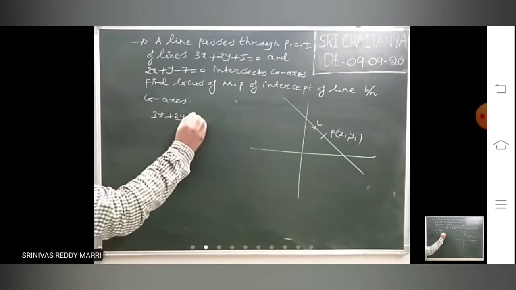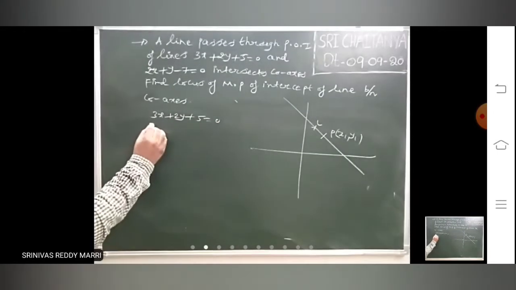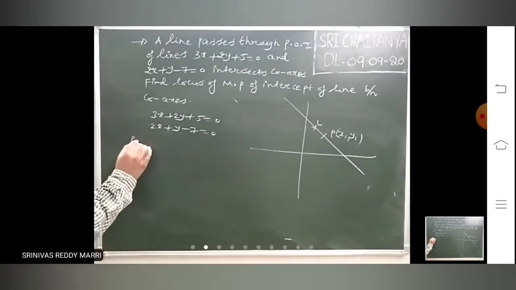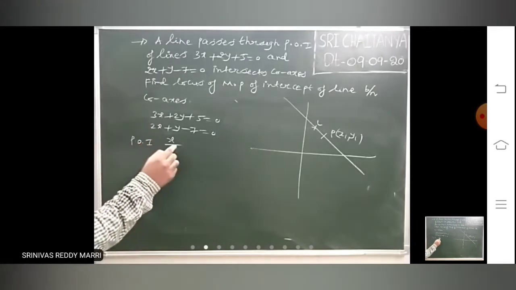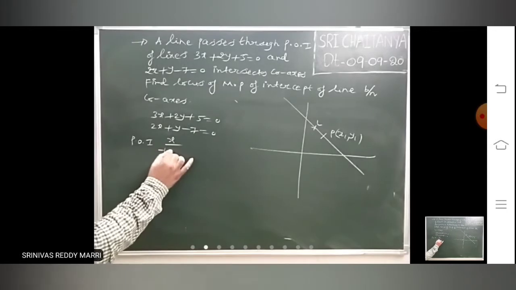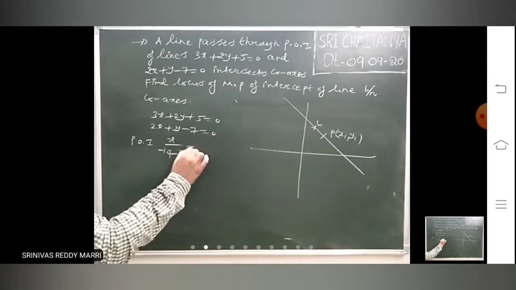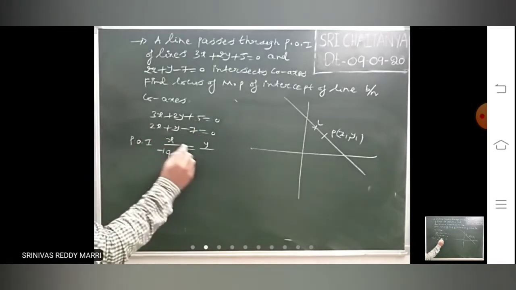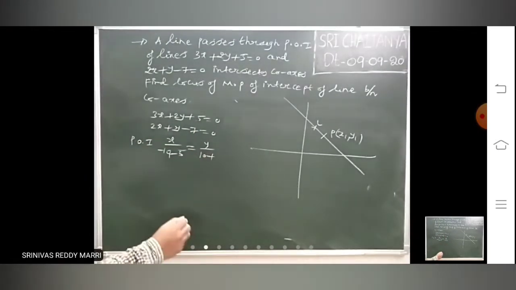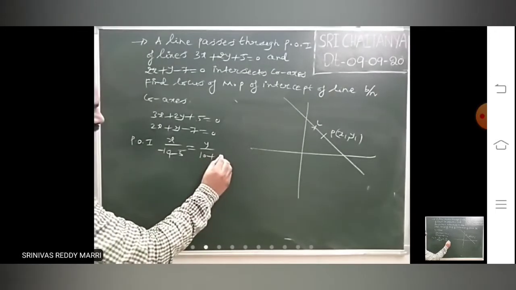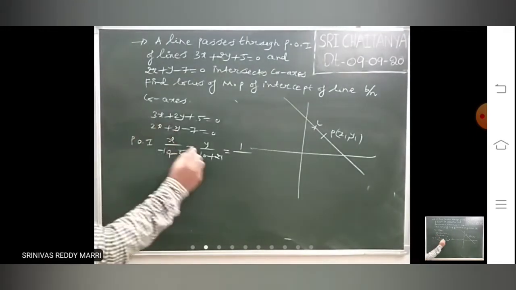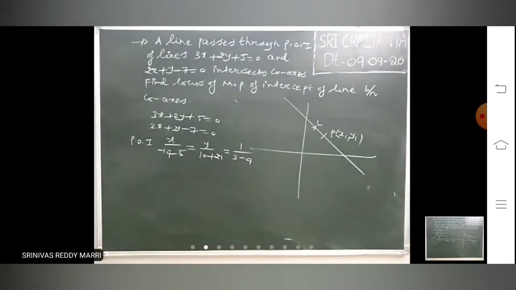That means 3x + 2y + 5 = 0 and 2x + y - 7 = 0, the point of intersection. So solve this and this: x divided by minus 14 minus 5 equals y divided by 10 plus 21 equals 1 divided by 3 minus 4.